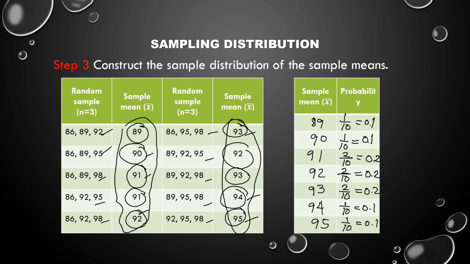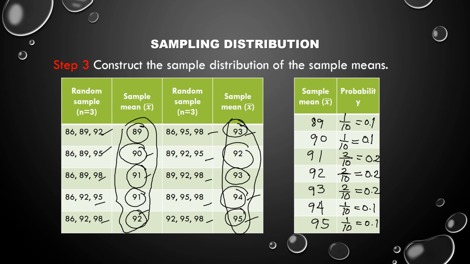Okay, now going back to the sample mean, by the way, I've mentioned at the very start that when you say population mean, the distribution of your sample mean will be around that population mean. So if you've noticed, in our distribution of the sample mean, we have 89 up to 95, and our population mean a while ago is 92. So it's more likely found in between those values.